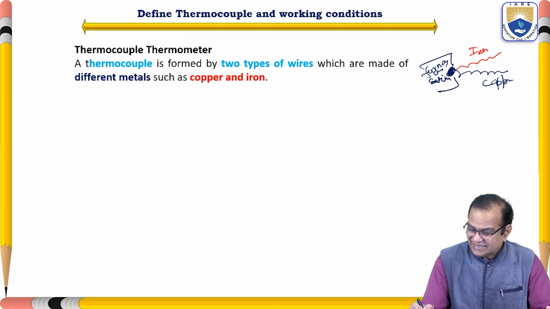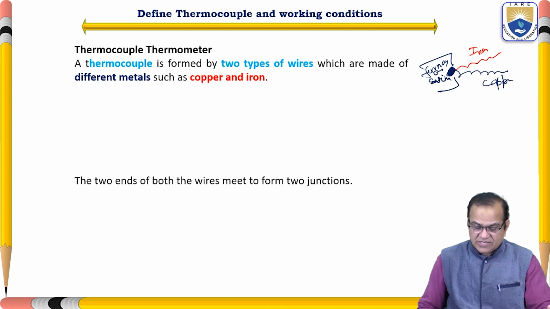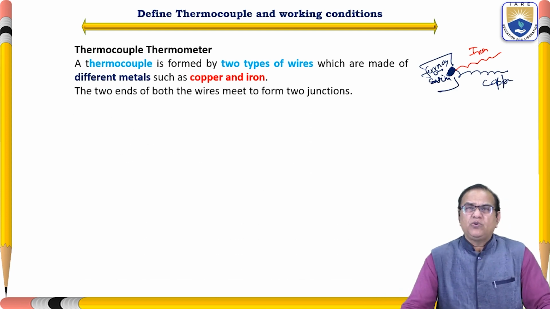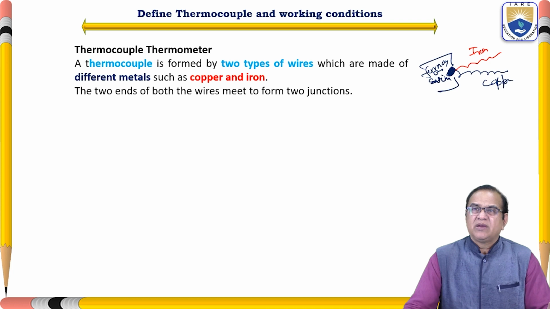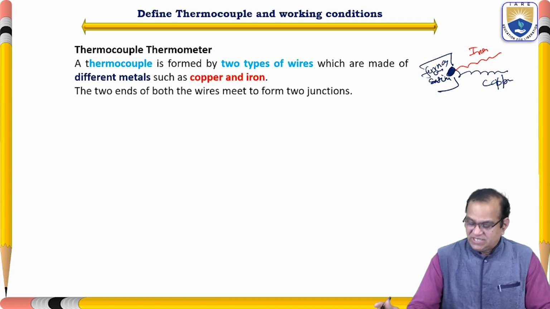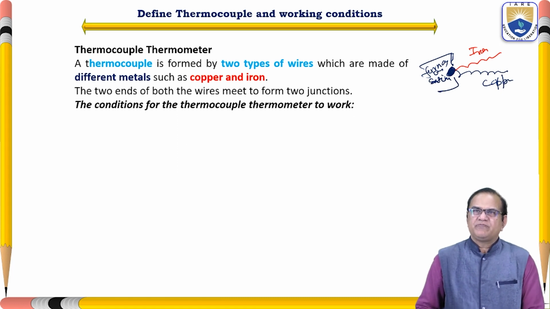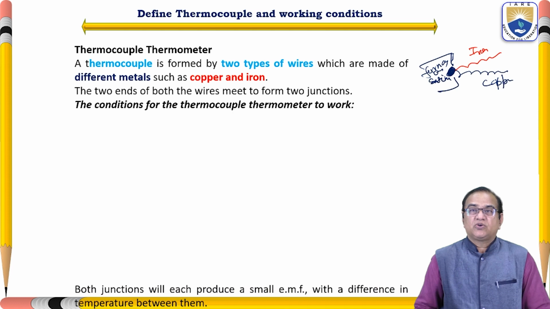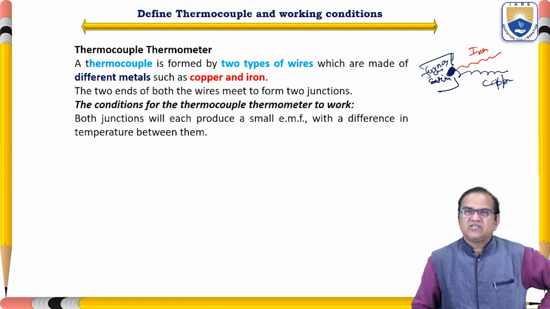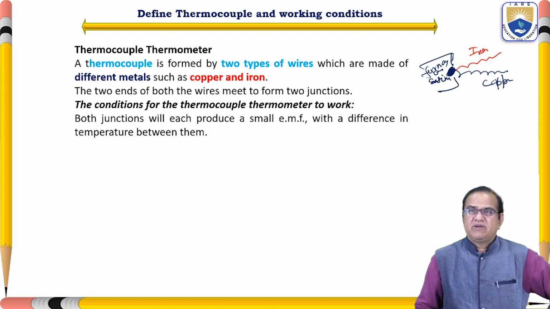There will be a transfer of heat, and the two ends of both wires meet at one junction, that is junction 1. For the thermocouple thermometer to work, both junctions will each produce a small EMF with a difference in temperatures between them.